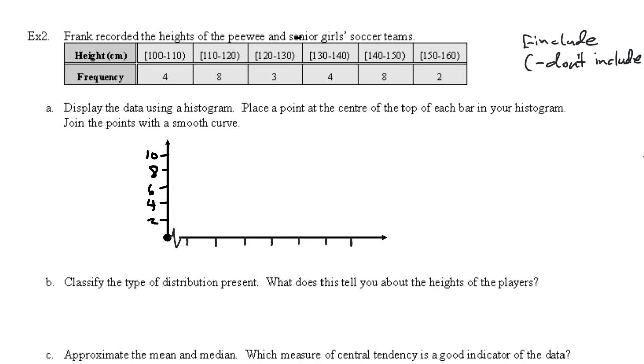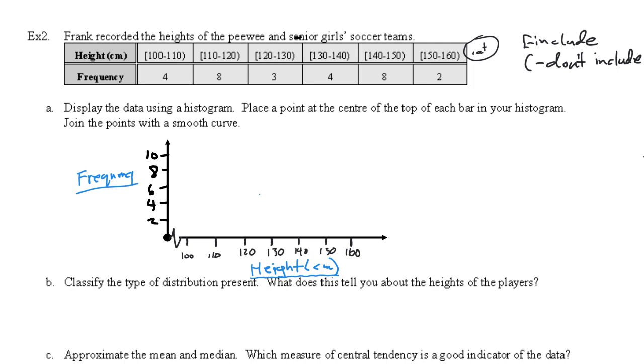All right, so we have our numbers written down along the x-axis for all our categories. Now the key is for all of these things, the categories always go on the x-axis. Now that I've done that, I need to label the axes. Make sure you do it. On the x-axis, we have our height, and we have our frequency on our y-axis. So our y-axis is just the number of times something happens.